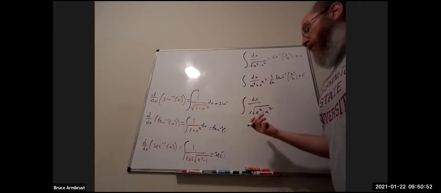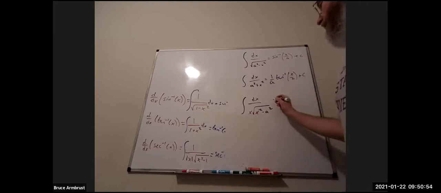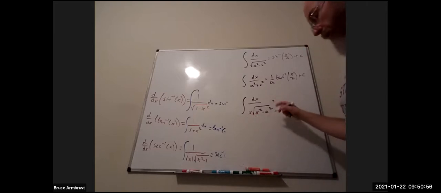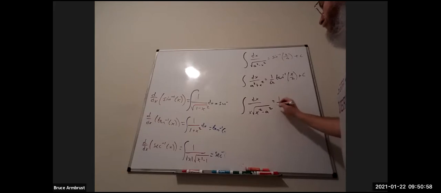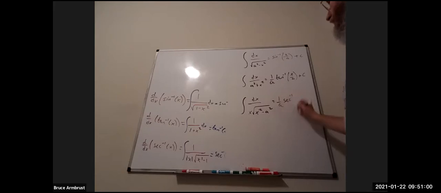But as a consequence, when we get our inverse secant, we're going to get 1 over a times secant inverse, and the absolute value shows up on this side. So there's still the absolute value, we just make sure we put it on the inside of the inverse secant.